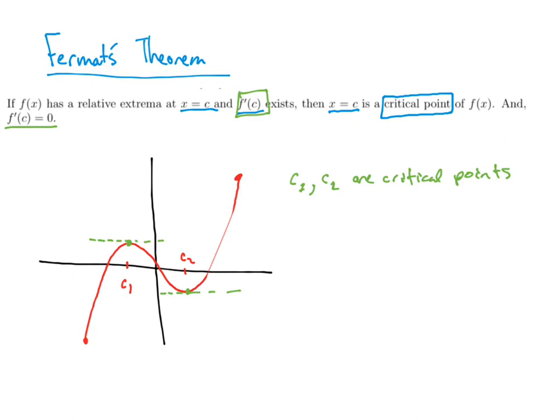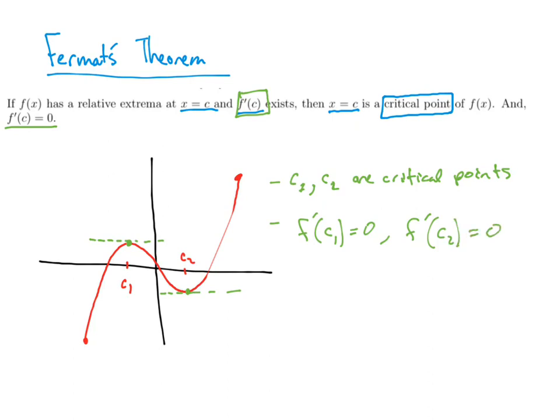So the derivative at that critical point is going to be 0. So we could just say f prime of C1 is equal to 0, and f prime of C2 is also equal to 0.